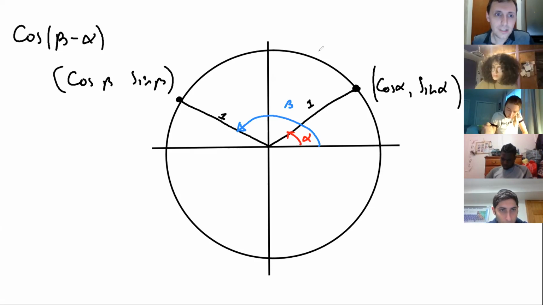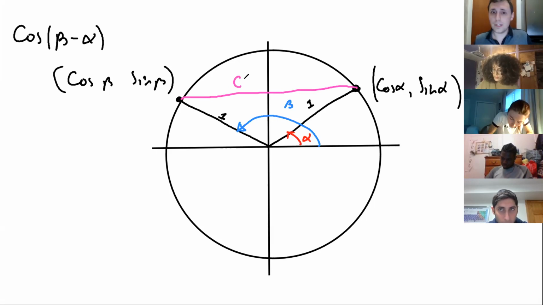That's good. So cosine beta, sine beta, cosine alpha, sine alpha, and then guys, we can draw this segment C. Yes. Now we can use the distance formula. Do you remember the distance formula, guys? You know that you can measure the length of a line.